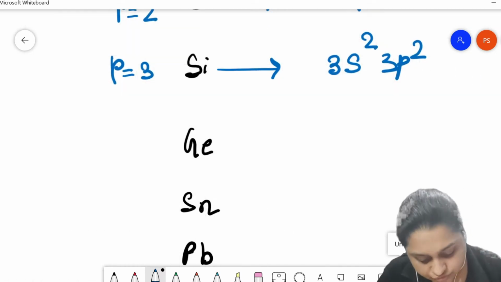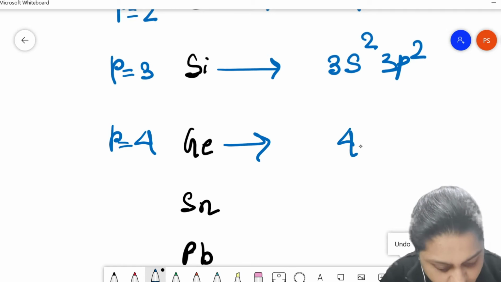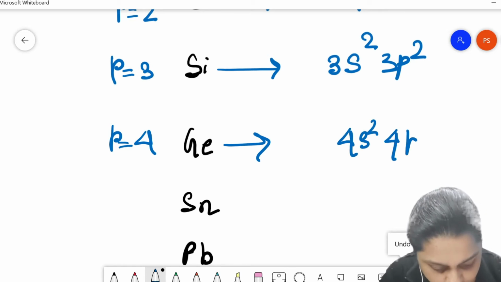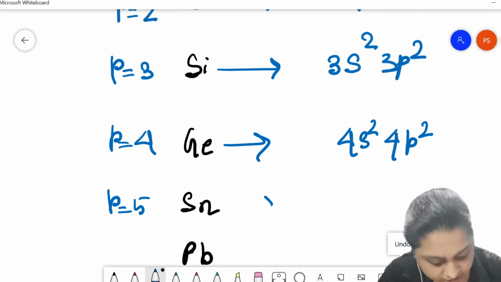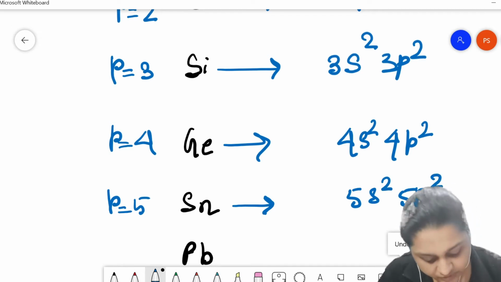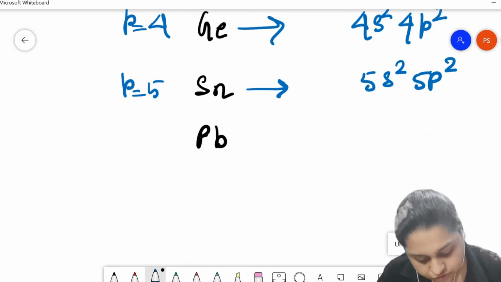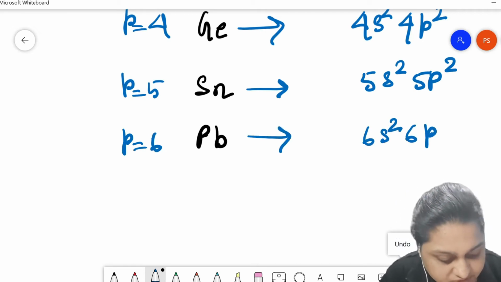Germanium belongs to fourth period and the electronic configuration is 4s2 4p2. Tin belongs to fifth period and the electronic configuration is 5s2 5p2, and the last one belongs to sixth period and the electronic configuration is 6s2 6p2.